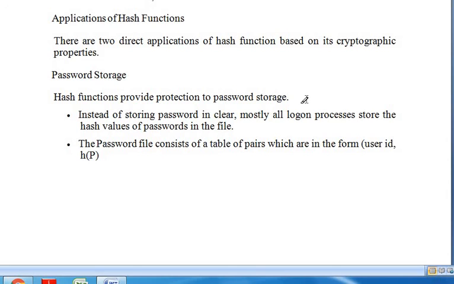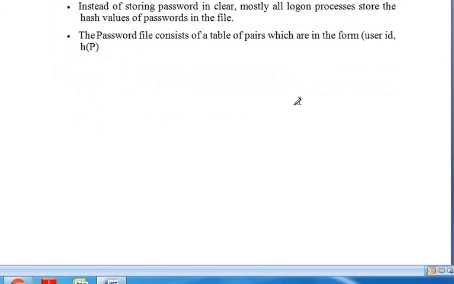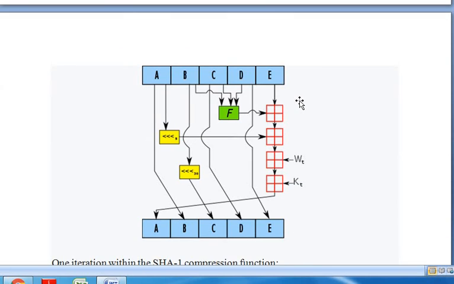If an attacker gets access to the passwords, they will be in the form of hashes, so they cannot find the real password, because by knowing the hash value it is very hard to predict the input. So it is mainly used for storing passwords.